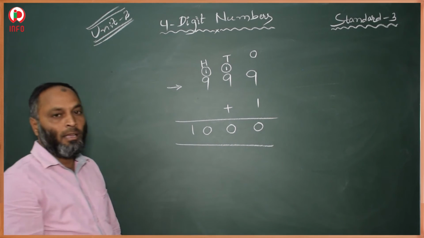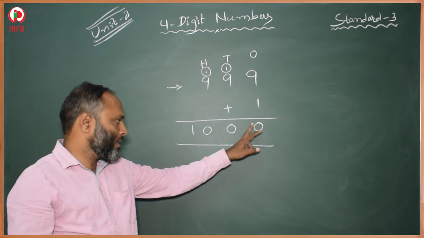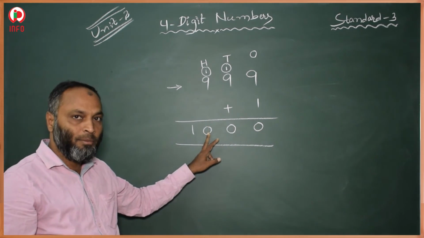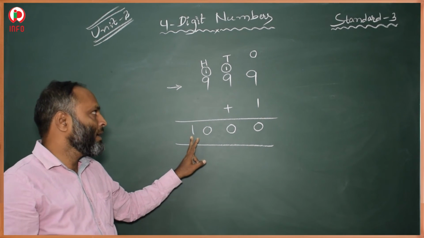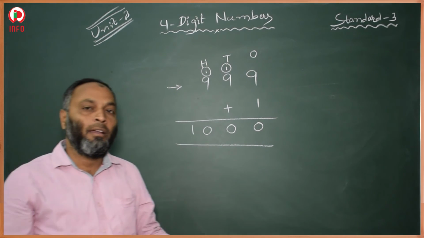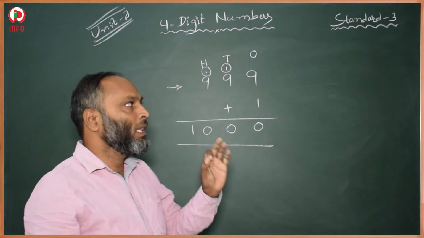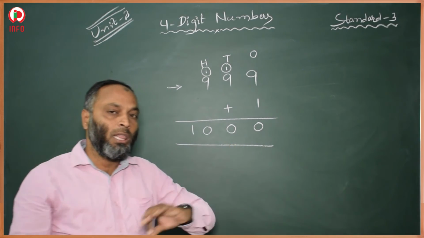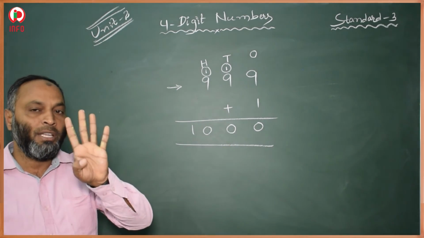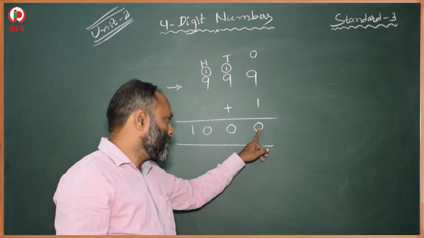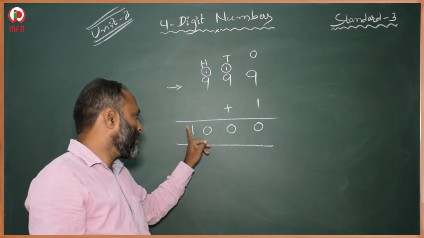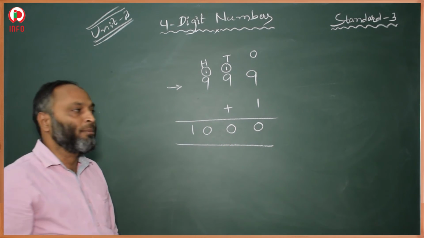This is the first place, second place, third place and fourth place. If we add 1 to the largest 3-digit numeral, it converts into a 4-digit numeral: 0, 0, 0 and 1. Then how to read this number?